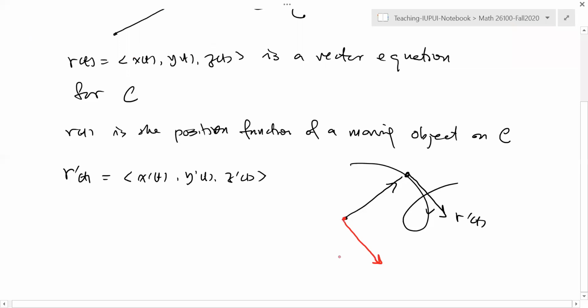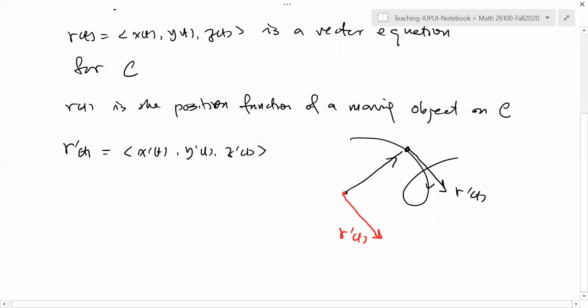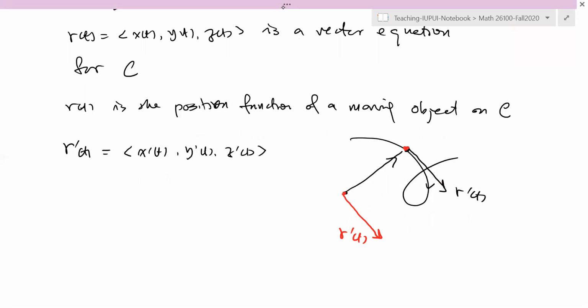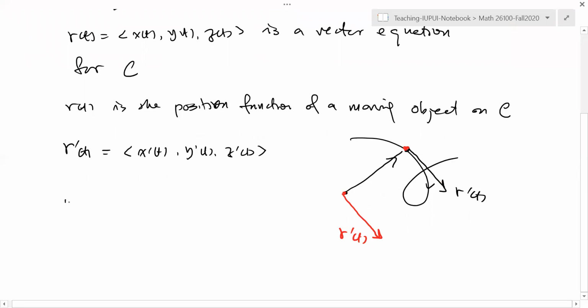But if you move it in parallel to that point, then r'(t) can be viewed as a tangent vector to the curve C at the point t.